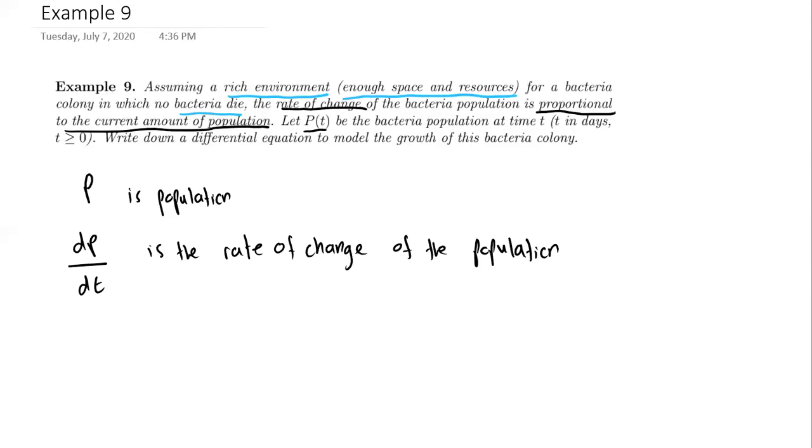And then finally, the last thing we need is the fact that, as I said, two quantities are proportional if one is a constant multiple of the other. So we can write dP/dt equals a constant k times P. And that is precisely how you write proportionality mathematically.